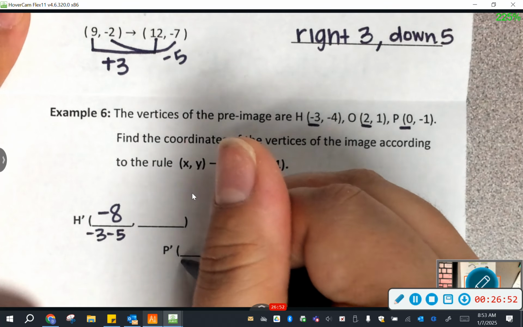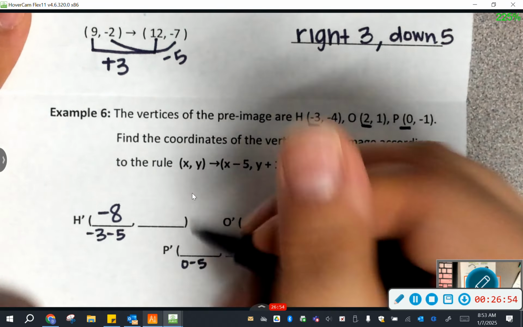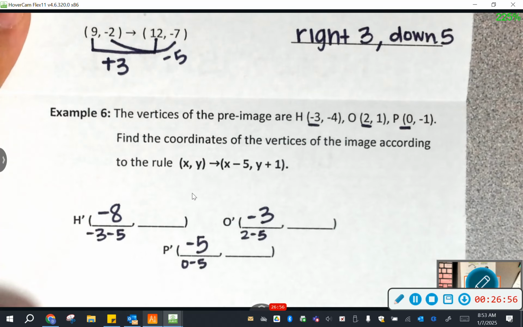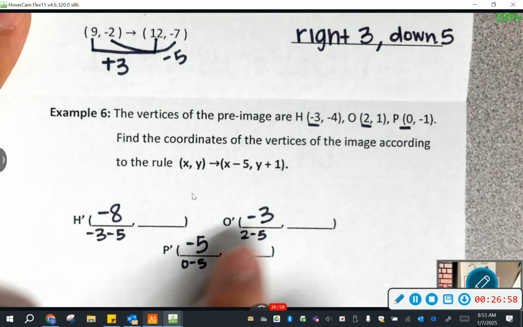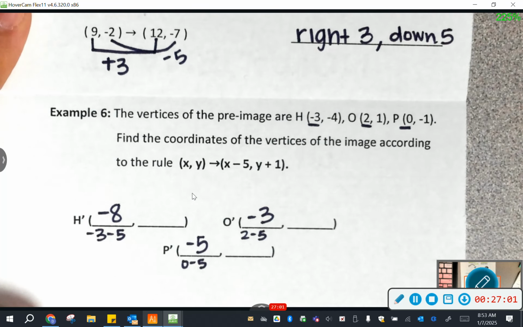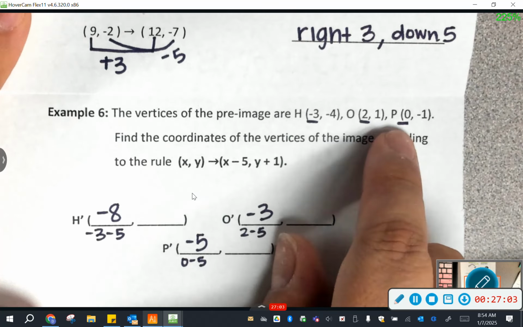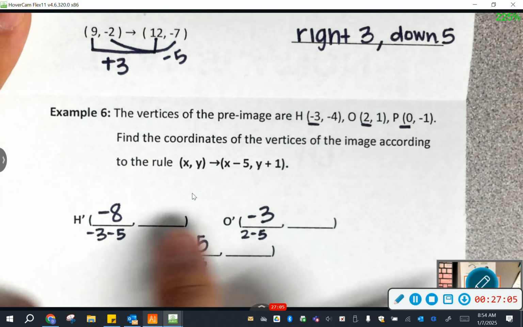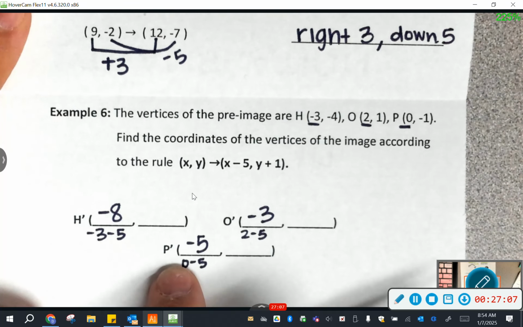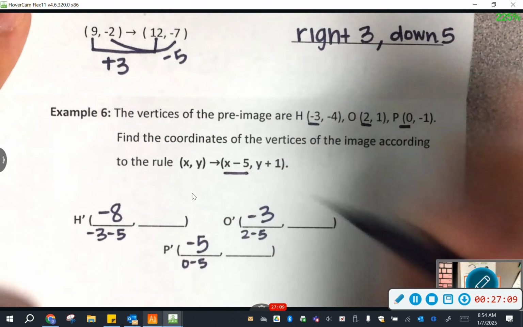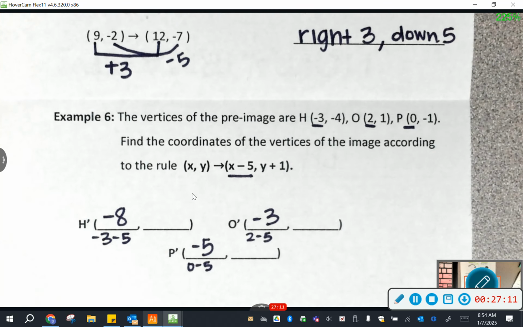And my last one, what is 0 minus 5? Does everybody understand what I did here? I just took all those numbers, -3, 2, and 0, and what did I do to all of them? Minus 5.